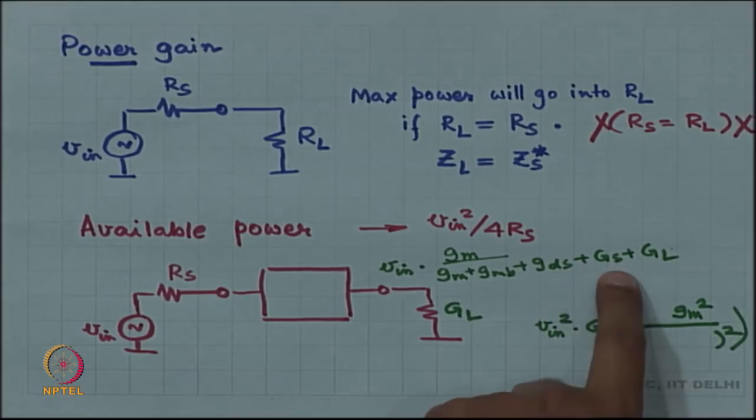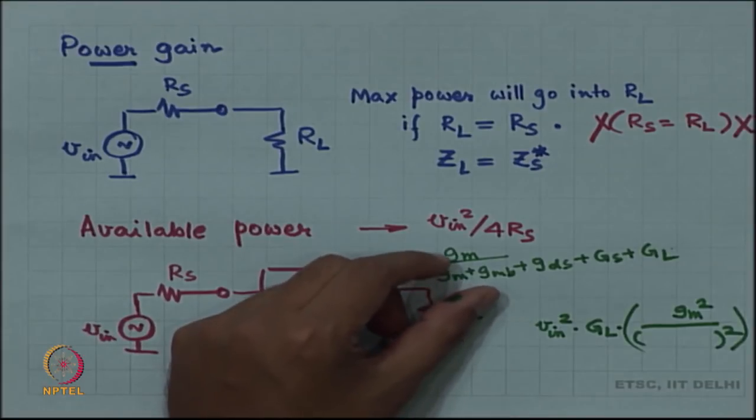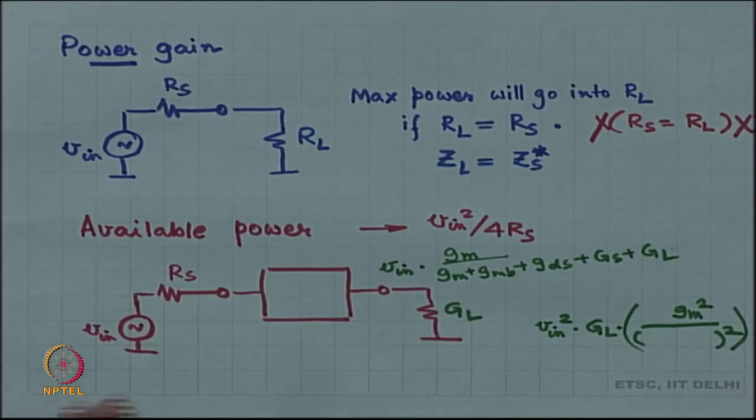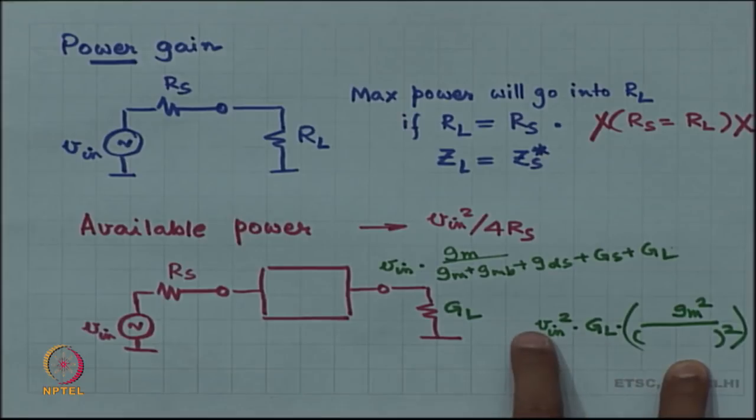So, 5.1, and GS and GL can be some quantities, which means that the overall voltage gain is something less than about 0.8 or so. This fraction is 0.8 or so. So, 0.8 the whole squared times GL times V in squared is the power delivered.